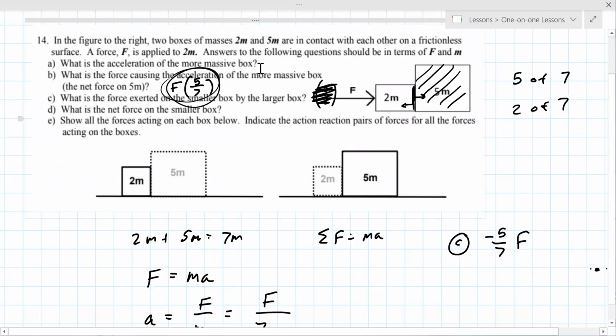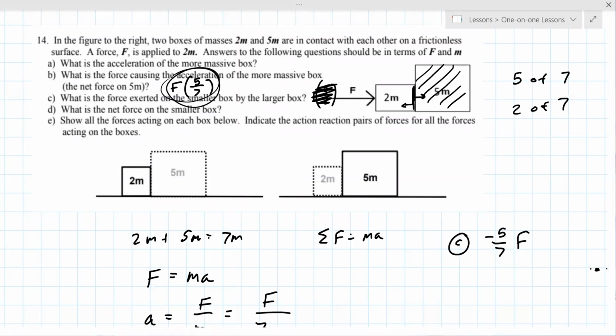D. What is the net force on the smaller box? The net force on the smaller box is 2/7 F, because the net force is what causes the acceleration. A and D are related.